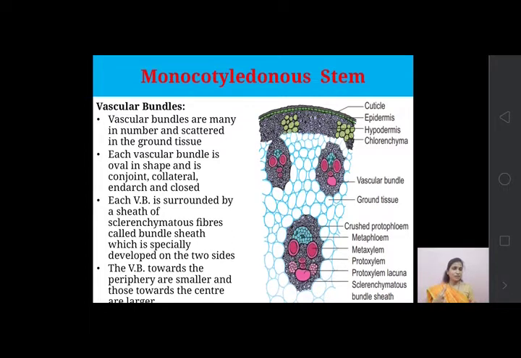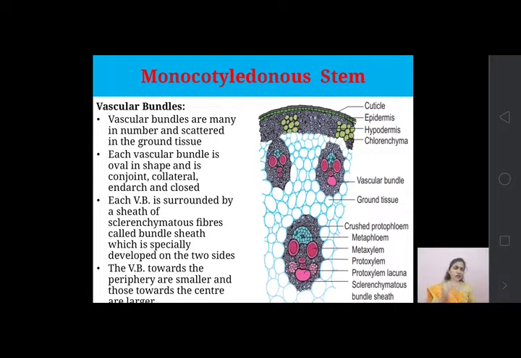When the protoxylem is present towards the peripheral region, that means towards the epidermis or hypodermal region, that condition is known as exarch condition. Towards the outside means exarch. And when the protoxylem is present towards the center region, that is, towards the pith, it is known as the endarch condition. So in the case of stem, there is always the endarch condition, and in the case of root, whether dicot or monocot, it is the exarch condition.